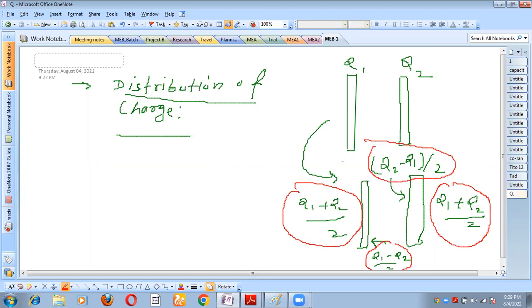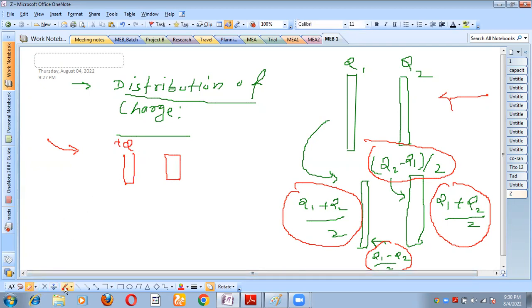This is the general case for two charged plates close to each other. And when we have a capacitor, then charges are equal and opposite. We know that for a capacitor, charges must be equal.